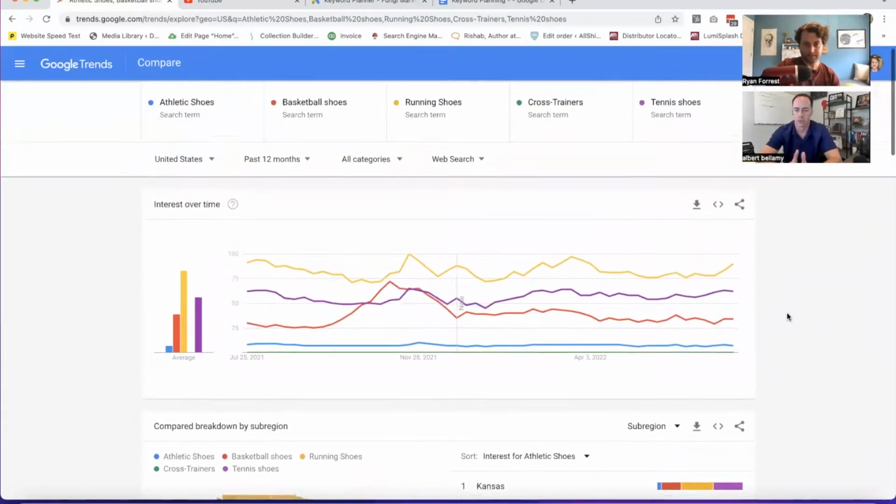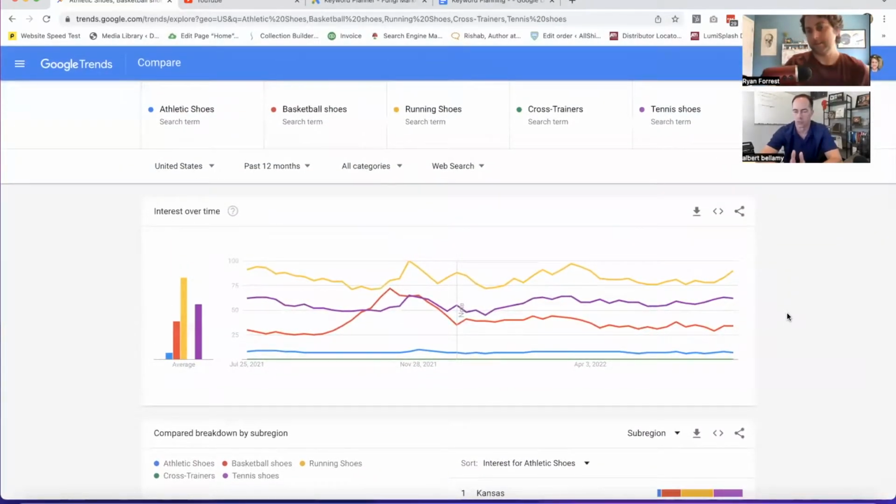When you say tennis shoes, that could easily be tennis, the sport, or it could just be the connotative version. A large portion of the country uses tennis shoes as a term interchangeable with athletic shoes.